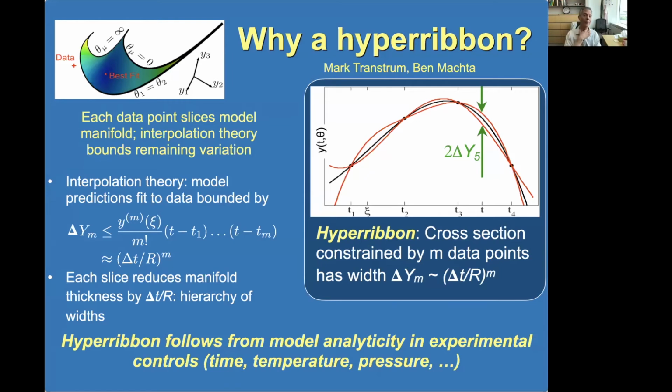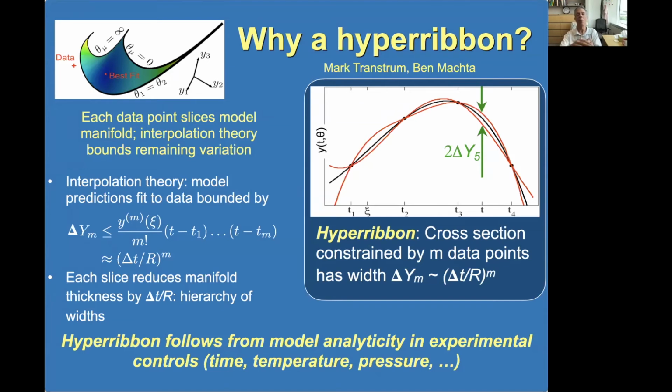Why is it a hyperribbon? I don't want to spend too much time on this, but it's basically an interpolation problem. If I have 3 or 4 measurements, then I can use interpolation theory to try to guess what the behavior is in between them. And every time I add a new data point, I get a tighter bound on the possible range, presuming that there's a bound on the nth derivative of the function prediction.